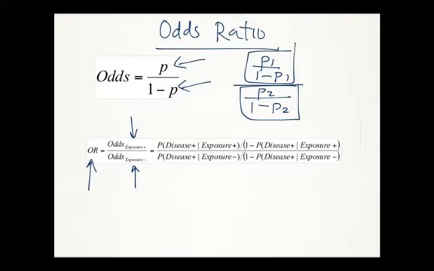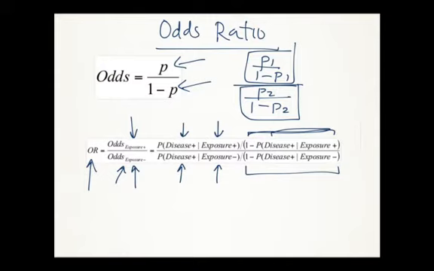So the odds in the exposed, the numerator, is the probability of disease positive given exposure positive divided by 1 minus that quantity. And then the odds in the unexposed is the probability of disease positive in the unexposed divided by 1 minus that same quantity. Okay?